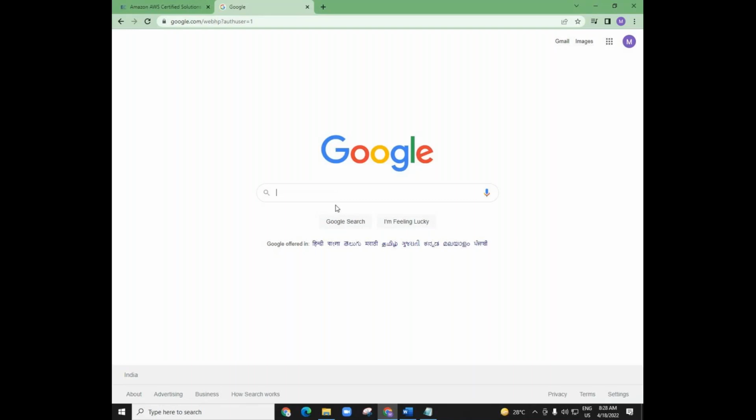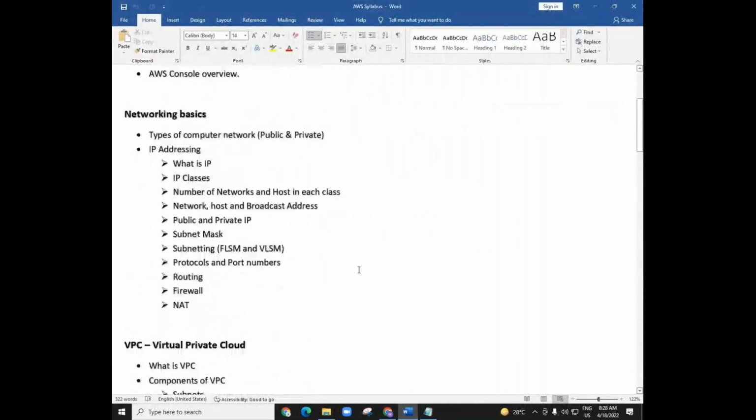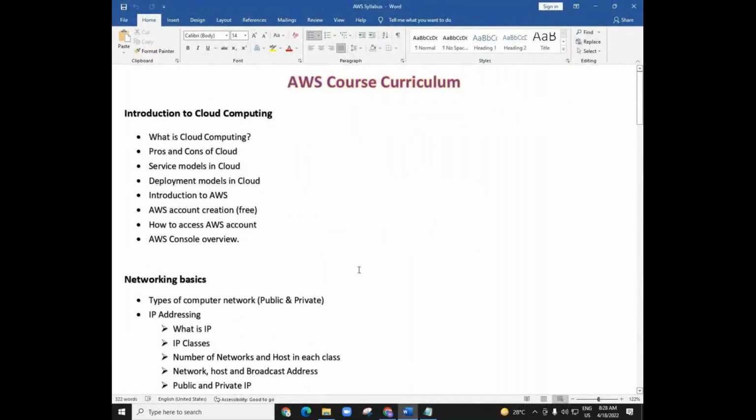So the syllabus has a core of 5 major components, but within these major topics, something can be added or removed very soon. It is very difficult to keep a settled syllabus here, but anyhow I have made one, so let us go through it and see what we are going to learn in this AWS course.